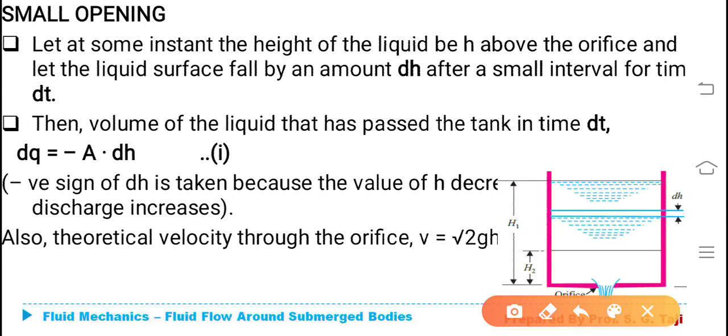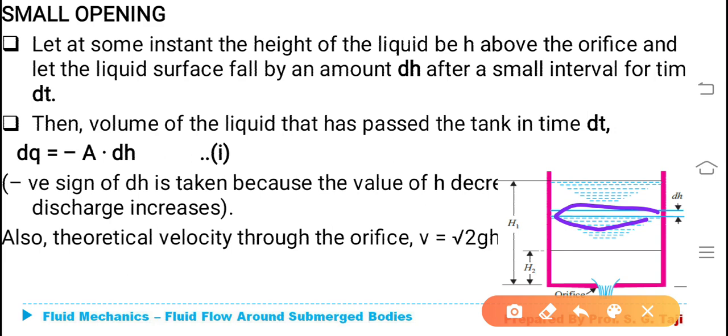Let us consider the area in plan of the liquid surface, and dh is the fall. That means the water leaving the tank is equal to A dh. Why is the minus sign assigned? Because as the time increases, water will let off, therefore h decreases.